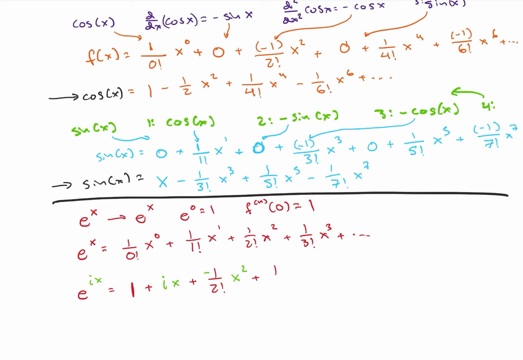And I'm going to get plus 1 over 3 factorial times x cubed, which is going to be i to the 3rd, which is negative i times x cubed.